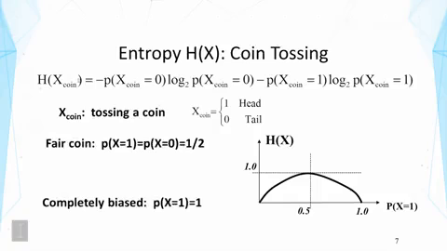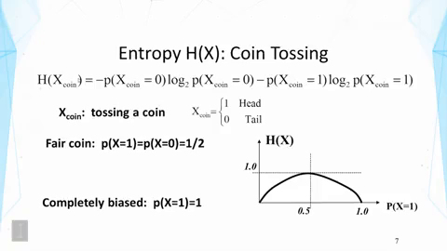So we can think about two cases. One is a fair coin. It's completely fair. The coin shows up as head or tail equally likely, so both probabilities are equal to 1/2. Another extreme case is a completely biased coin, where the coin always shows up as head.